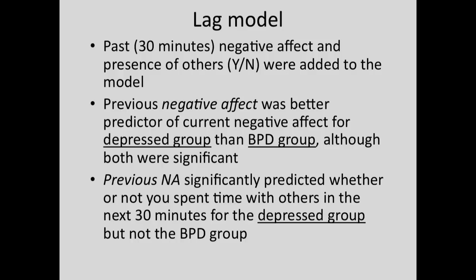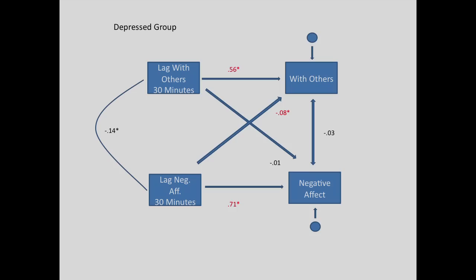And this is for the depressed group. The important thing here is that there was a significant effect of lagged negative affect 30 minutes before and whether or not they were with others, such that, with this negative sign, it's more likely that people would not go to be with others the higher their negative affect was for the depressed group.